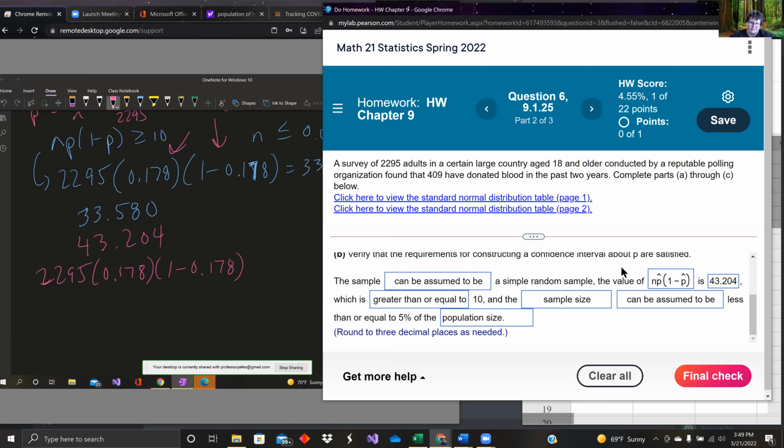Times 0.178 times 1 minus 0.178 in parentheses equals, that's a big number too. Now I'm getting 335.79. What is going on?